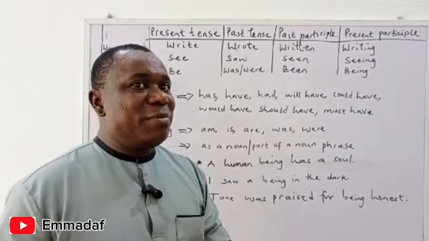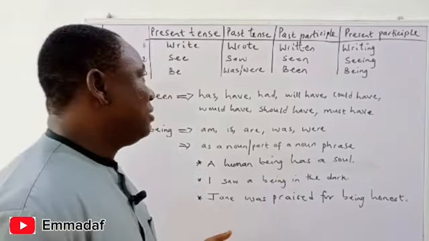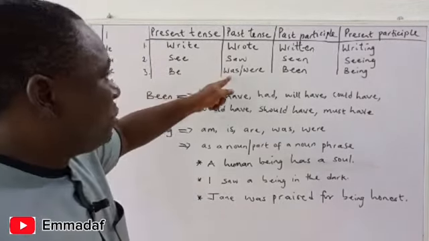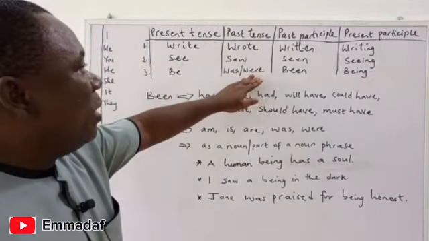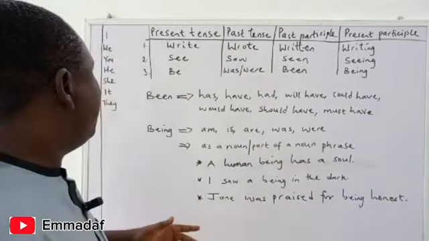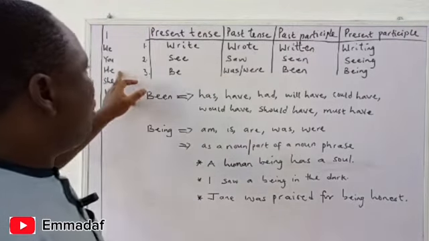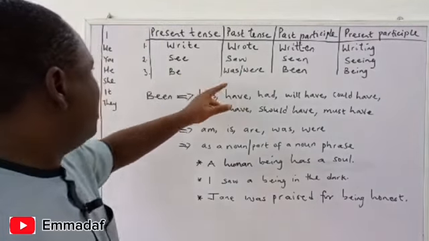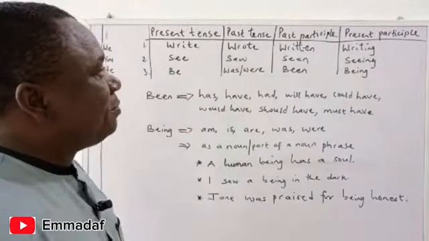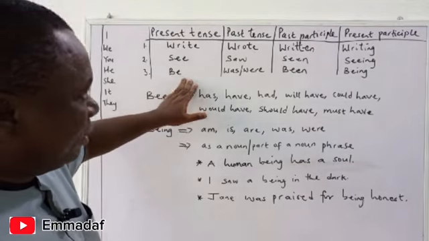And the form that you use is determined by the subject of the sentence. I was here yesterday. We were here yesterday. You were here yesterday. He was. She was. It was. They were. So this is the special status of this verb.